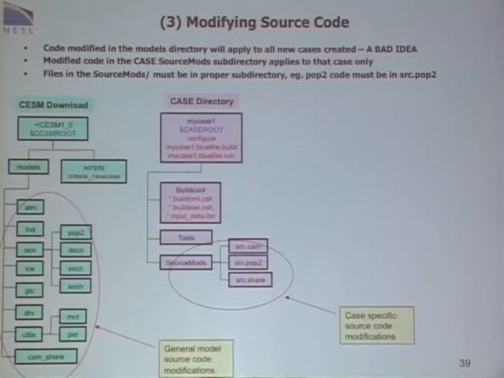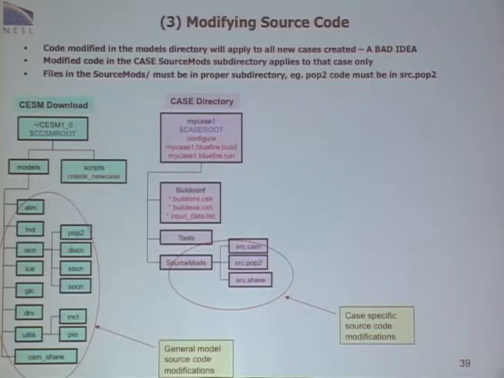So I want to talk briefly about why we have a source mods directory. If you make modifications in the CESM source code that you checked out, every case based on that source code is going to receive those changes. And one reason that that's not desirable is that you may only want to check out the source code once and make a whole bunch of experiments based on it.